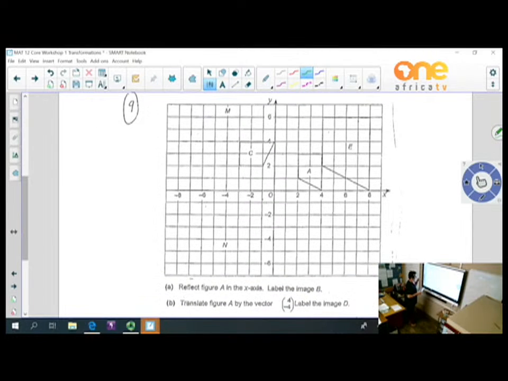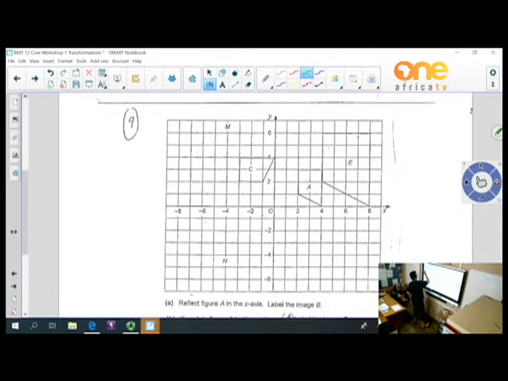Right, question 9. Reflect figure A in the x-axis and label it B. So this is the x-axis, look there, where you have to reflect it.